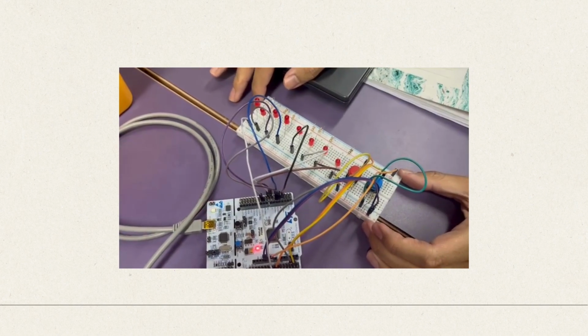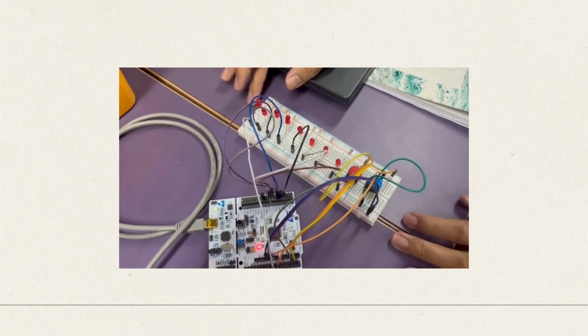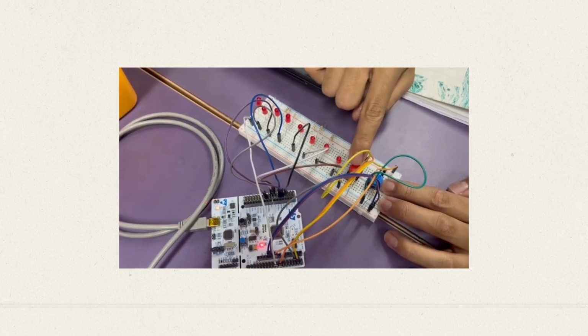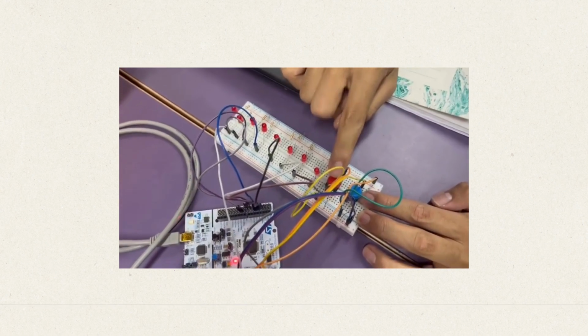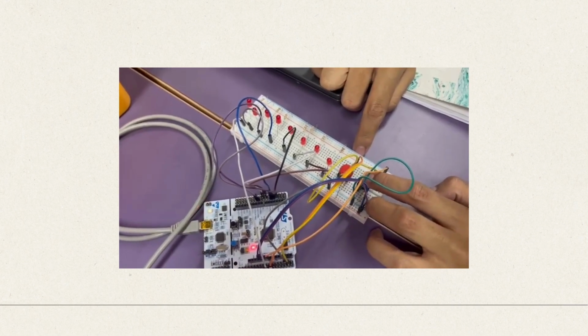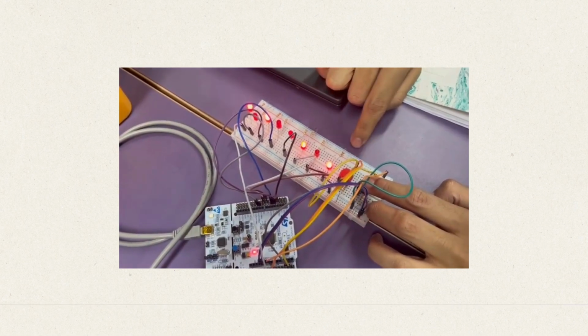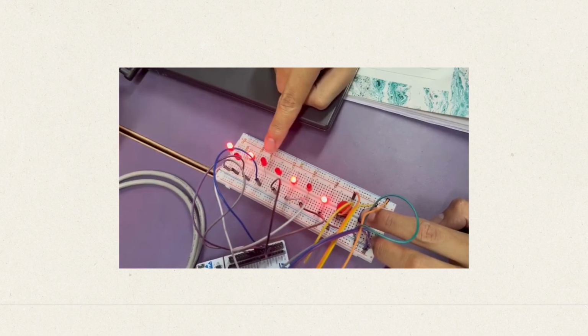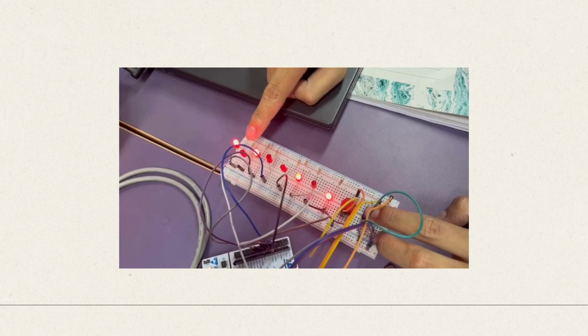So basically this is our circuit that we have made. This one is the button SW0 and this is the button SW1. When we push the button SW0, we can see that LEDs 0, 2, 5 and 7 will turn on.